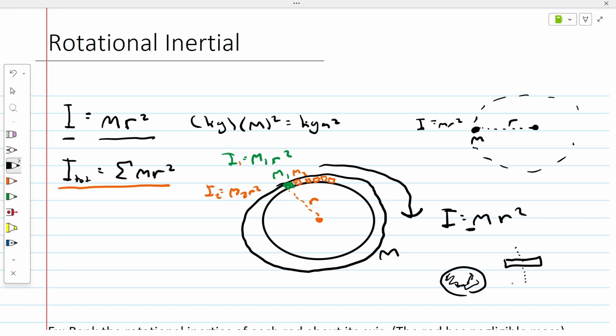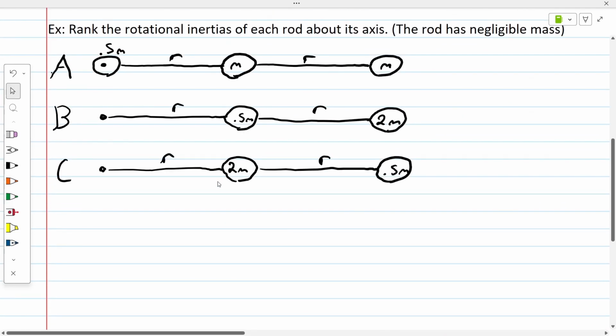For the scope of algebra-based physics, they'll likely give you the object's rotational inertia, but we can calculate it if we're given the center of mass inertia, and we'll talk about that later. But first, let's do an example just simply calculating and comparing rotational inertias.